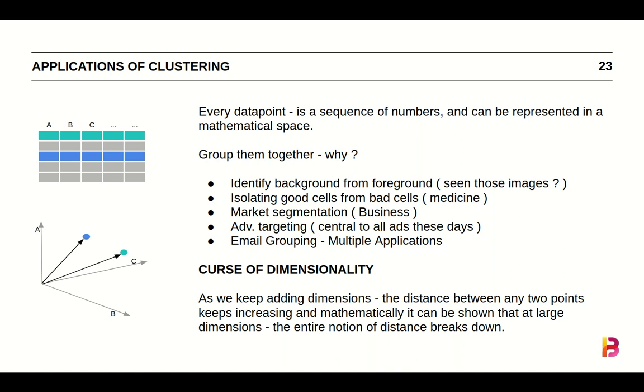Now we have a series of numbers, and with these numbers we know we can represent it in a mathematical space. Once we represent it in a mathematical space, we can define them into clusters. So now we have the ability to use these clustering techniques on videos to identify background from foreground.